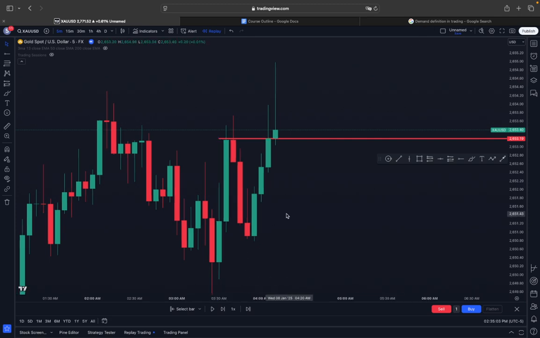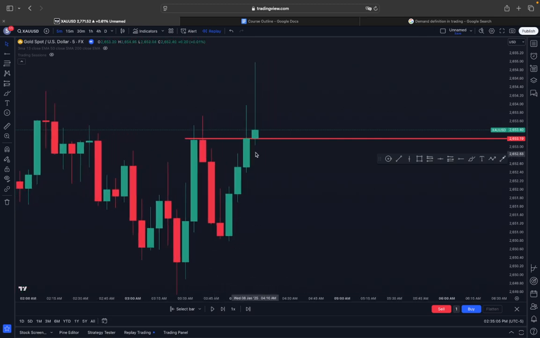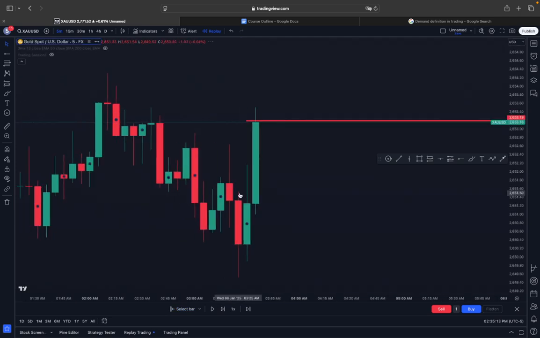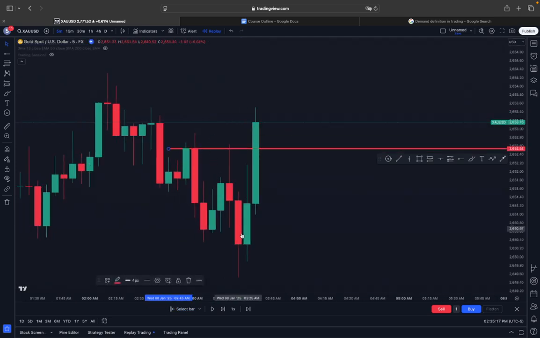We got a bullish move, break of resistance. We can even take it back here. Let's just take it here. We got a bullish move. Got our last red candle. We got a bullish move, and we also got a break of resistance here, right?